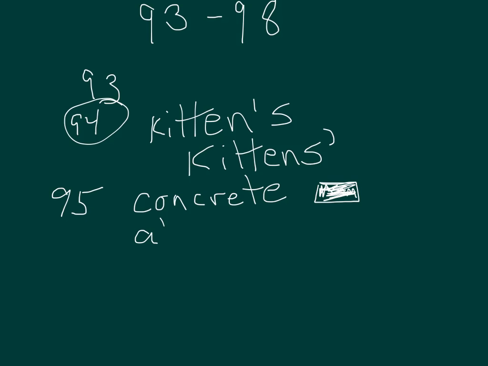And an abstract noun, of course, will be referring to something that we can't necessarily see, something like dignity. We know what it looks like, but there's no such thing as a dignity. You just know it when you see it.